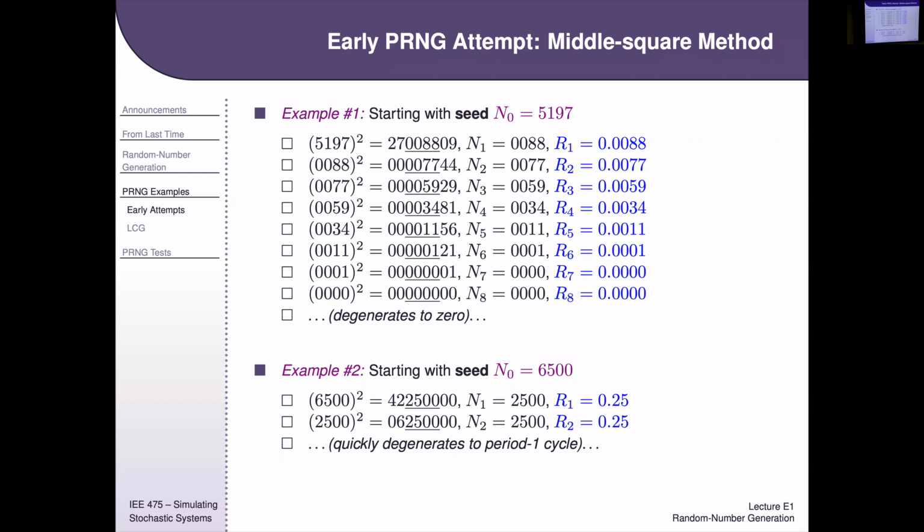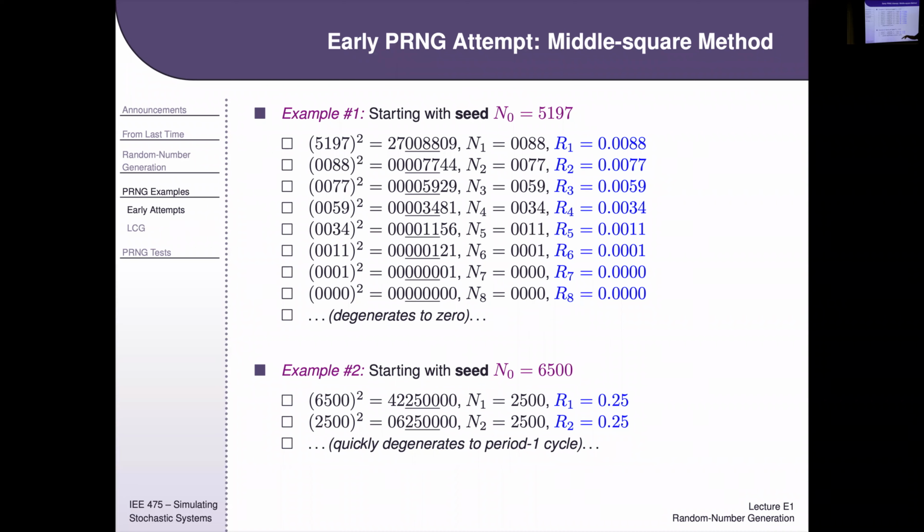The downside of that is that, based on the seed, you might degenerate to zero. So you get apparently random numbers that are kind of clumped a little bit, and then suddenly they hit zero. Once they hit zero, you keep squaring them, and you just get zero over and over and over again. Or you get these things that repeat.